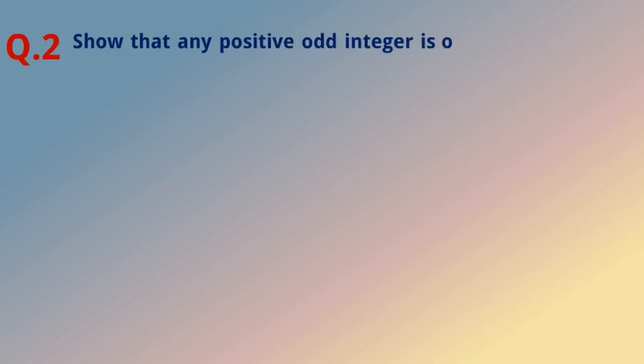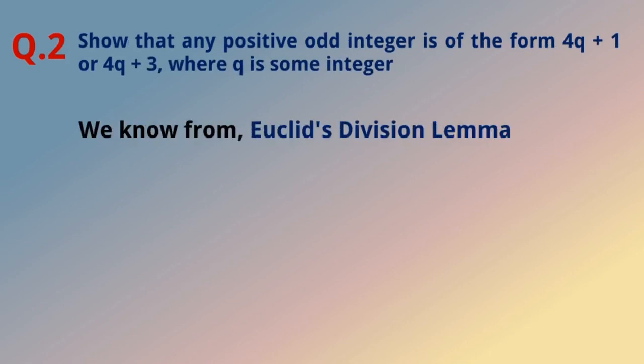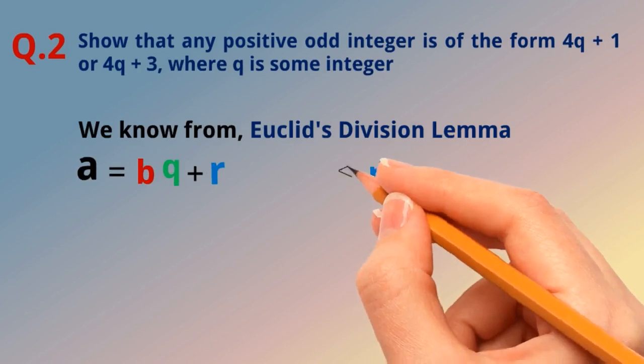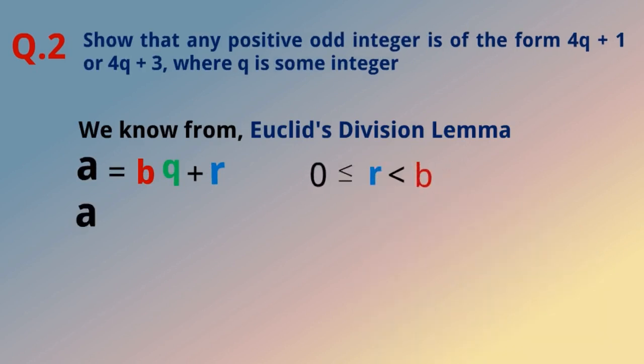Now one more example. Show that any positive odd integer is of the form 4q plus 1 or 4q plus 3, where q is some integer. We know from Euclid's Division Lemma a is equal to bq plus r, where r is greater than or equal to 0 but less than b.